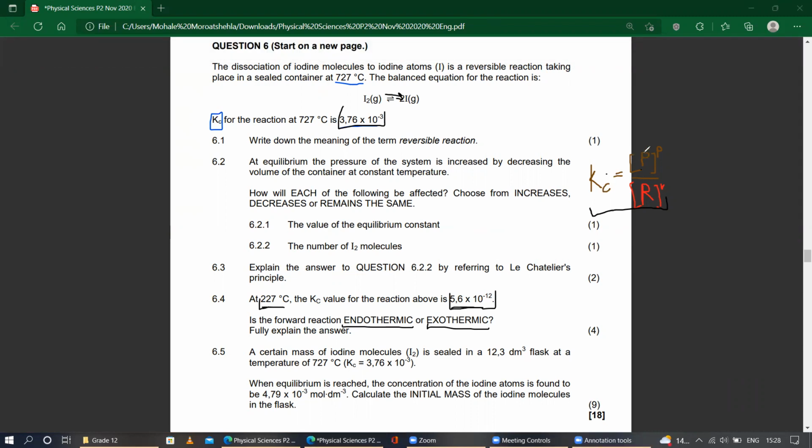From this formula, we know that Kc is the concentration of products divided by the concentration of reactants, right? Yes, sir. So when the temperature is up, we can see that Kc is higher than when temperature is lower. And Kc is inversely proportional to the concentration of reactants.